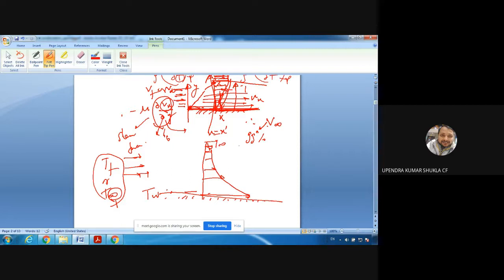Wherever you find the temperature at 99% of T infinity, that will be the thermal boundary layer. So this is the thermal boundary layer, very similar to the hydrodynamic boundary layer. In the thermal boundary layer, you will find the temperature gradient, and hence you will be able to calculate the heat flux. Above it, you will not find it. Temperatures are the same, so no heat transfer above the boundary layer, so no heat flux. Did you get it or not?